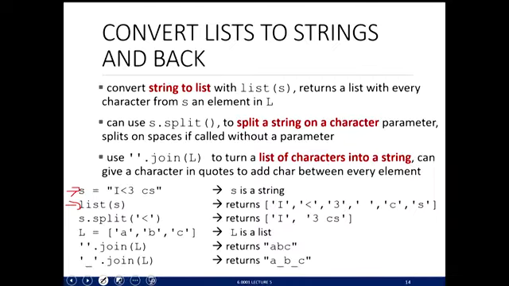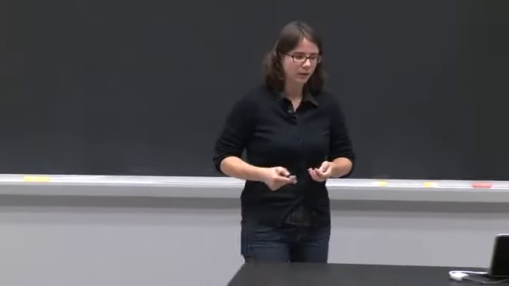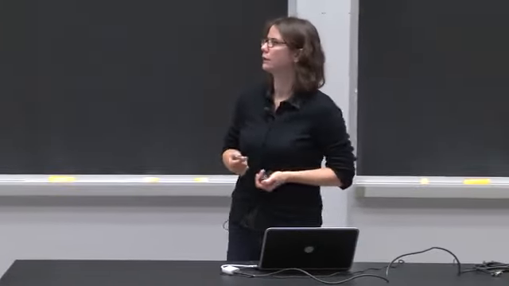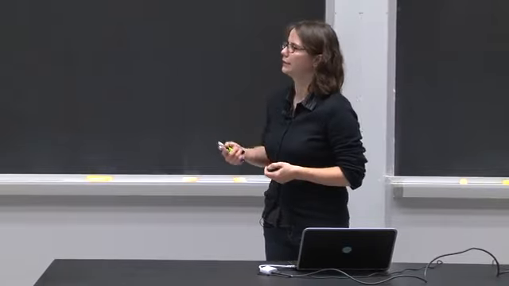In this case, I've split over the less than sign, but if you're doing the sentence example, you might want to split on a space. This is going to take everything in between the sign that you're interested in, in this case the less than sign, and set it as a separate element in the list. Okay?